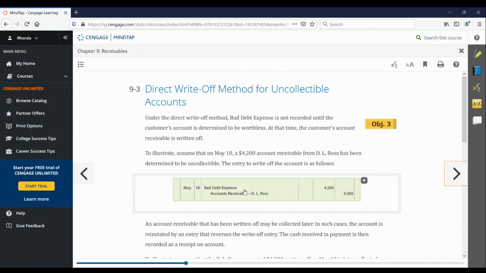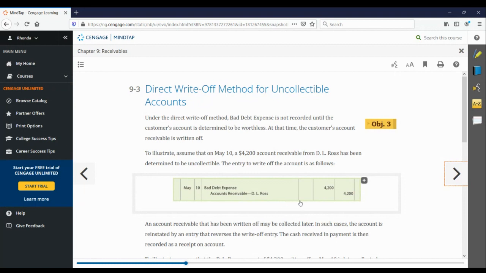That's the amount that he owed, but for whatever reason, whether he has declared bankruptcy or whether our management has just come in and told us that we're not going to be able to collect from this customer, that they've been past due too long, then we'll write off the account. So in the journal, we would debit bad debt expense and credit our accounts receivable as the write-off entry.